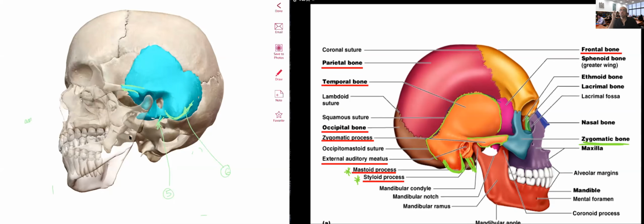What did we call this process? This is my zygomatic process. Please add this also to your in-class activity for today, number 7. So in the temporal bone, we need to identify 3 processes: zygomatic process, mastoid process, and styloid process.